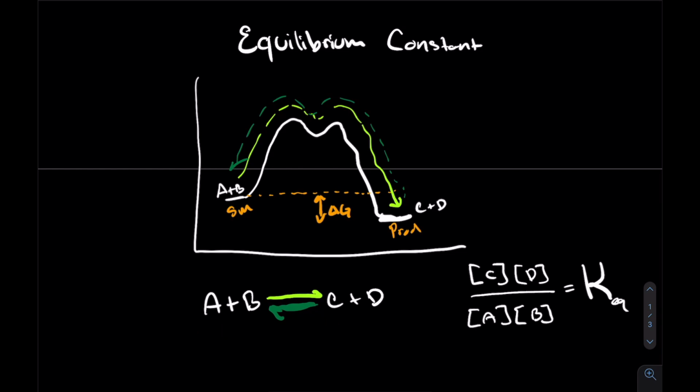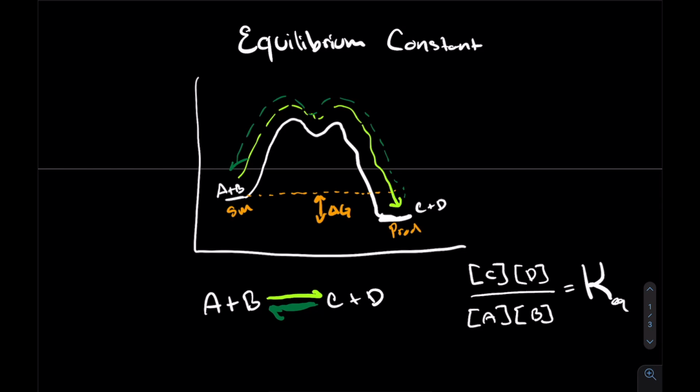You can actually look at the spectra and determine what the relative concentrations are of these. And then you just sort of plug them in and you can get a K equilibrium. So that K you can actually use to determine the difference in energy between your starting materials and products, because delta G is directly related to K equilibrium, right?